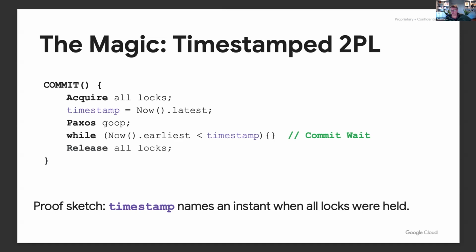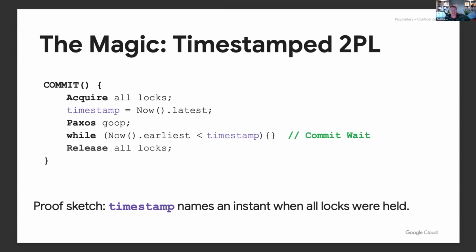Then he's reduced decades of work on consistency into this Paxos goop thing, which means we do some kind of distributed agreement protocol.